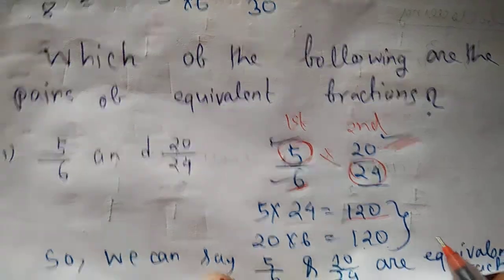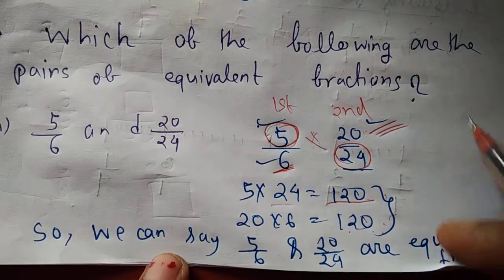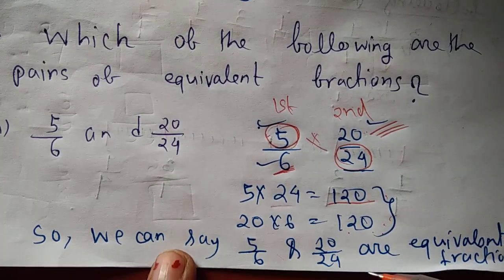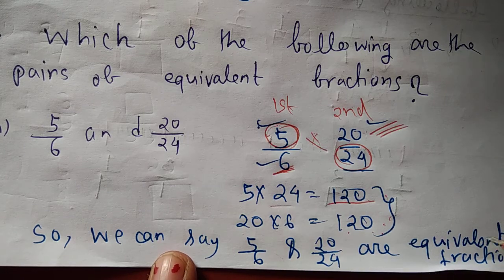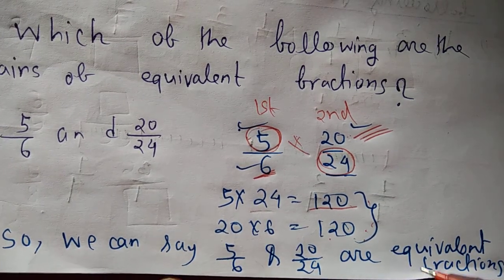So as these are equal, we can say 5 by 6 and 20 by 24 are equivalent fractions. So I repeat this again.